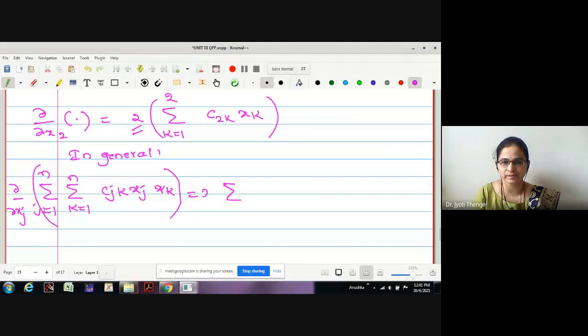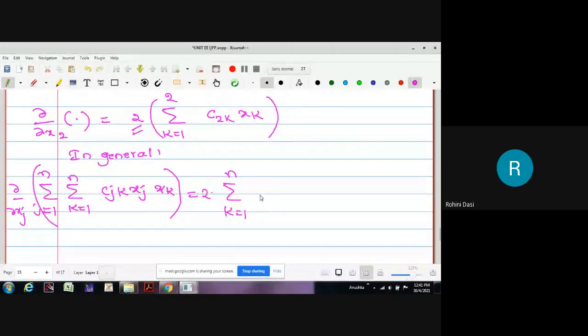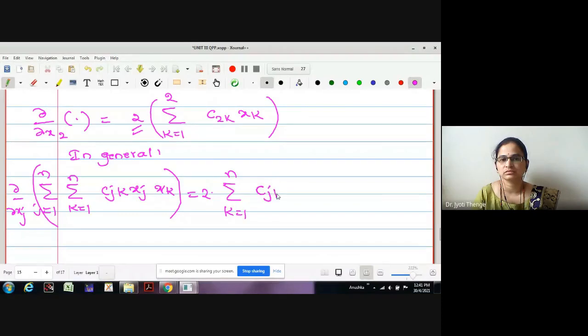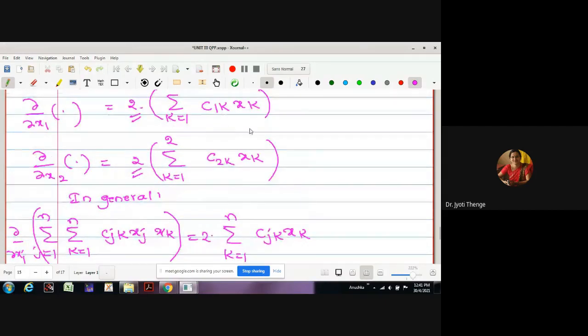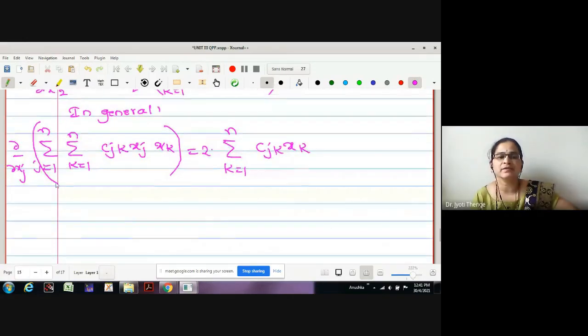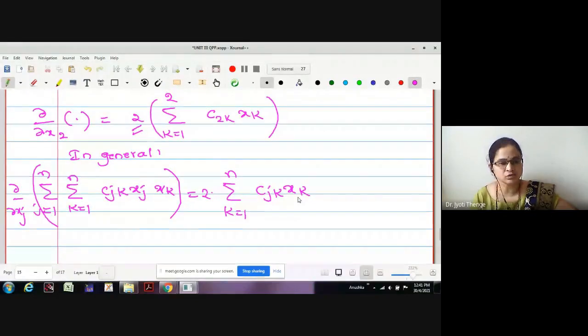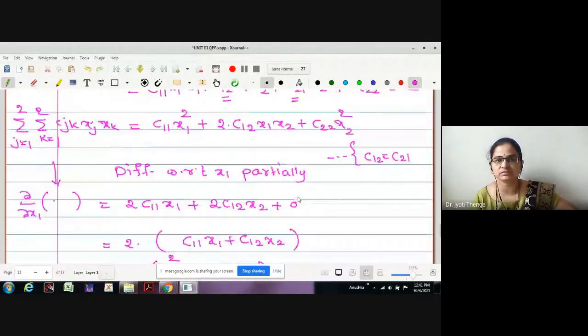It is 2 times summation k equals 1 to n cjk xk. Because if I differentiate with respect to x1, this is c1k. If I differentiate with respect to x2, this is c2k. But in general, if I differentiate with respect to xj, this is cjk. Understood the derivative of both the terms?